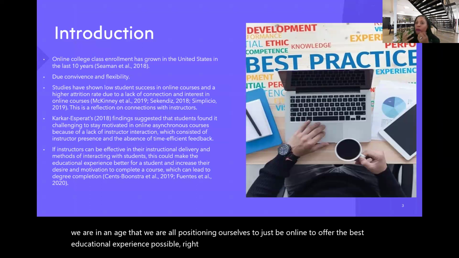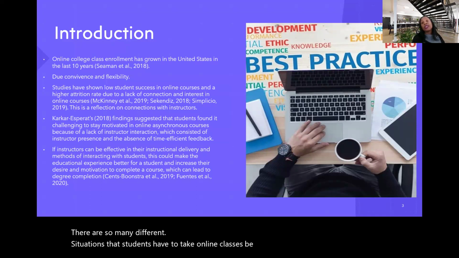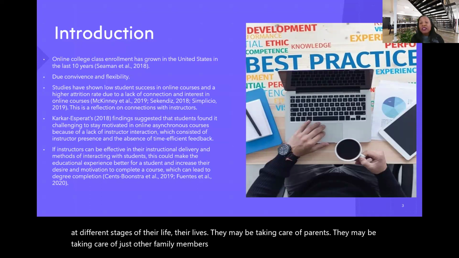A big part of the reason that online enrollment has grown is convenience and flexibility. There are so many different situations that lead students to take online classes, be it full-time jobs or family. They may be at different stages of their lives, taking care of parents or other family members, or it just fits in their schedule.